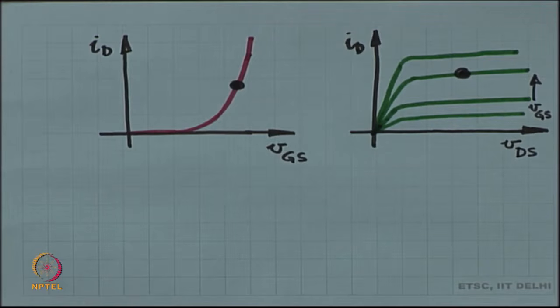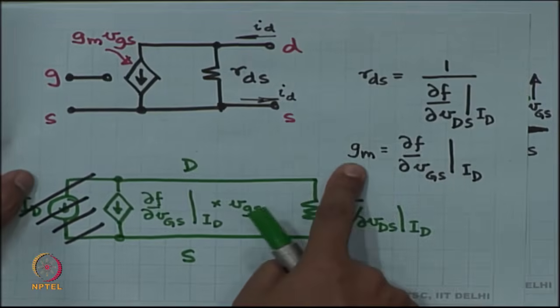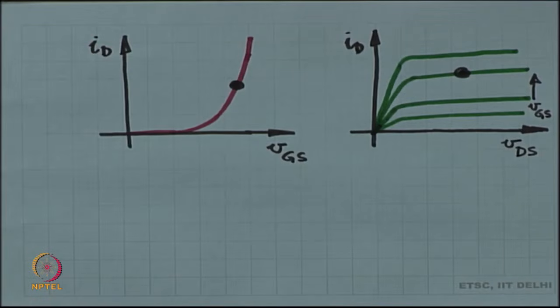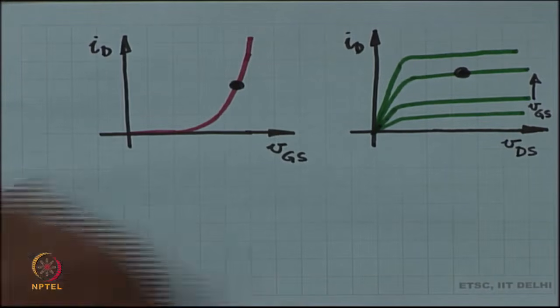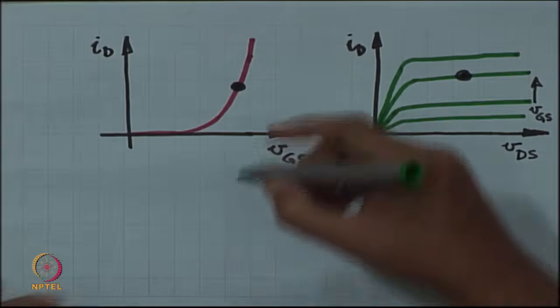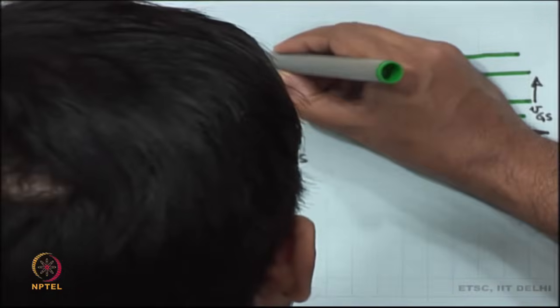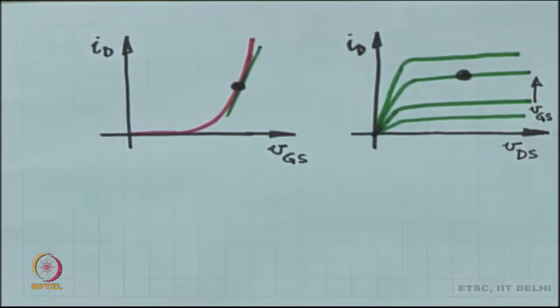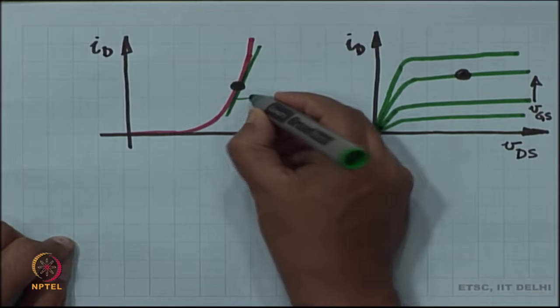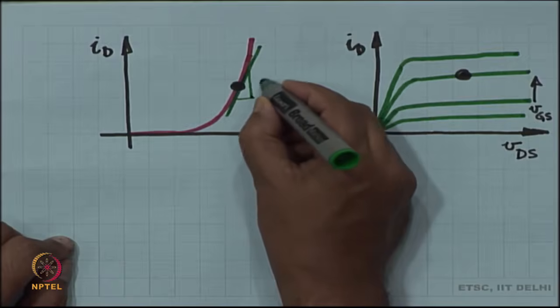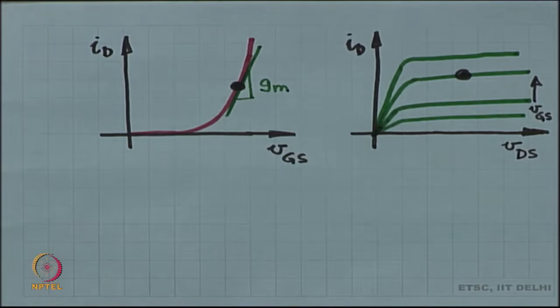Fine. How do I work out RDS and GM? From the partial derivatives, right, and the partial derivatives come from these characteristics. So, for example, from the ID VGS characteristics, I look at the slope at this point, and this slope tells me the value of the transconductance GM.